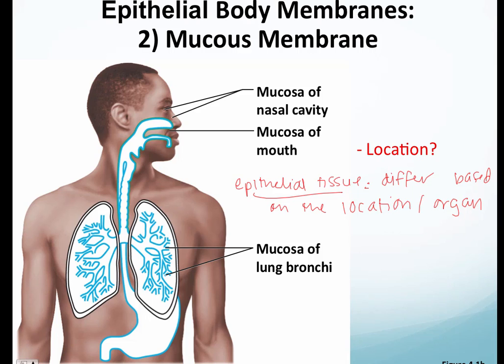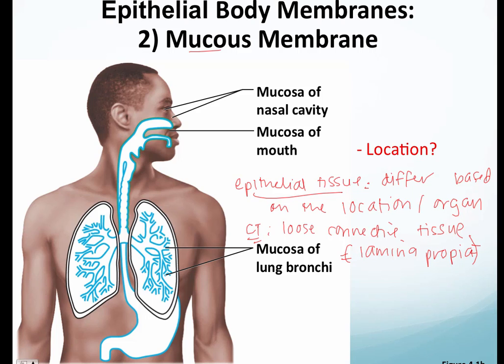Okay, and then what about the connective tissue? Well, the connective tissue is going to be fairly the same. It's always going to be loose connective tissue. And we call this, especially when it comes to the mucous membrane, lamina propria.